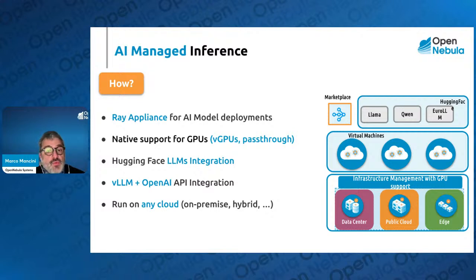And since OpenNebula supports different models of cloud, from on-premise to hybrid to multi-cloud, you can deploy these AI models in the same way across your different resources, whether public or on-premise.